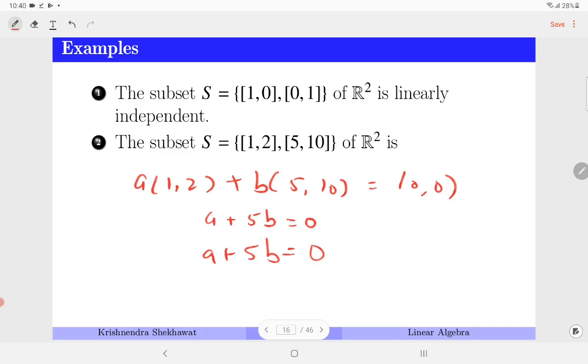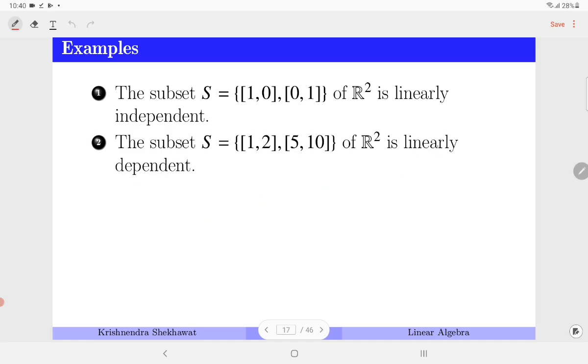So there is actually one equation and two variables, which means one of the variables is free, which means infinitely many solutions. So other than the trivial solution a is equal to 0 and b is equal to 0, the system has many more solutions, and therefore this set S is linearly dependent.